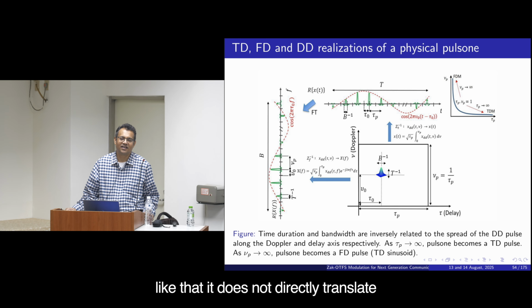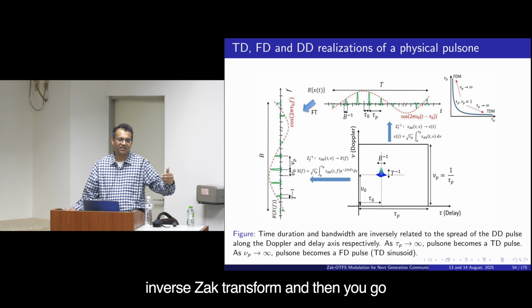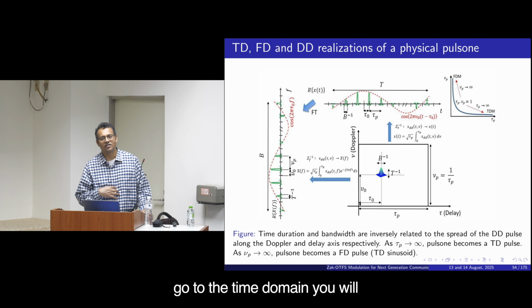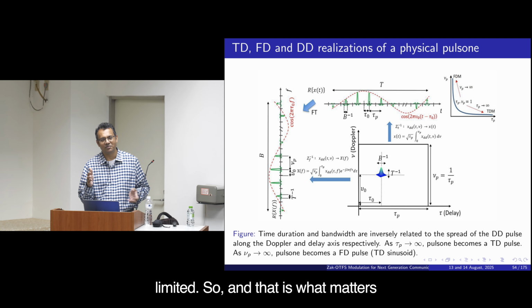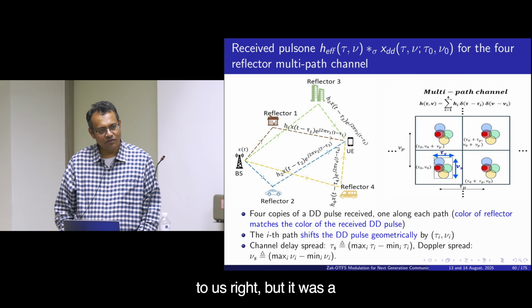It does not directly translate to reality unless you take the inverse Zak transform and go to the time domain. But when you go to the time domain, you will see that it is time and bandwidth limited, and that is what matters to us. It was a good question.